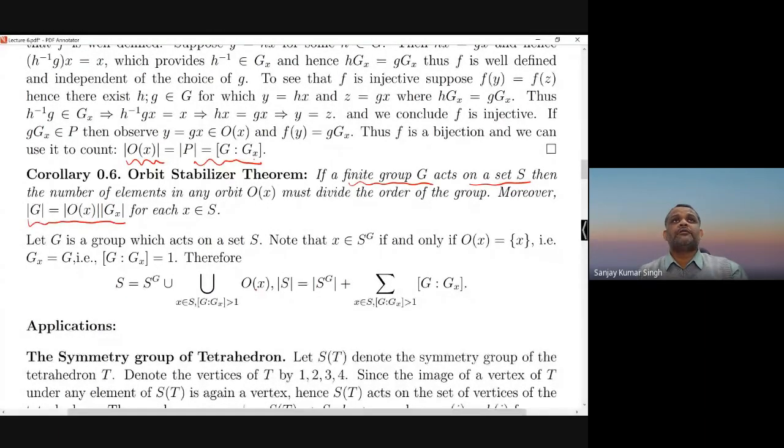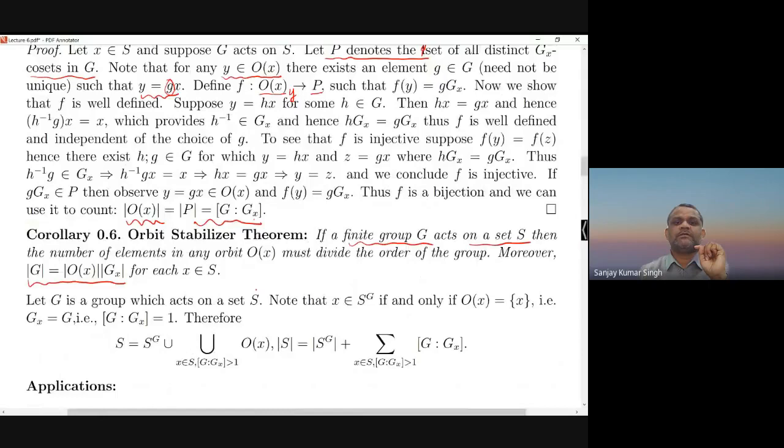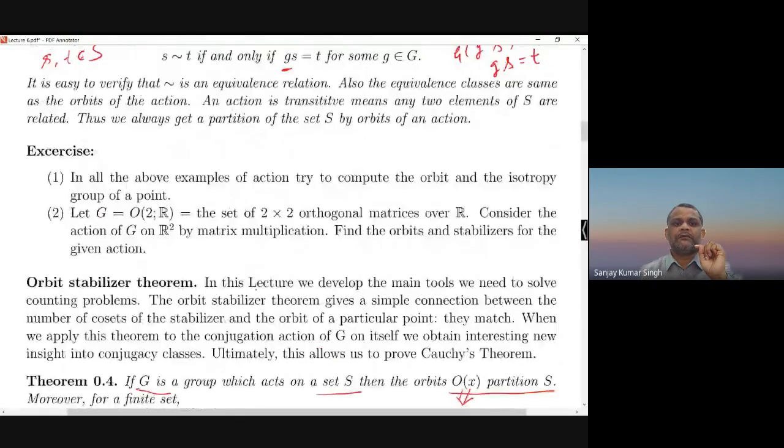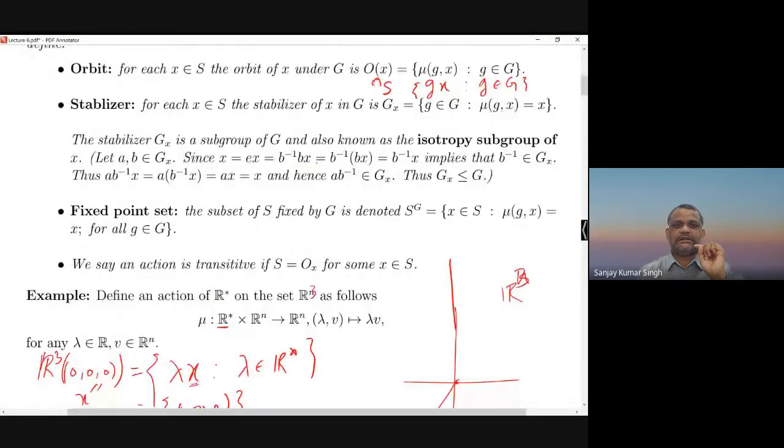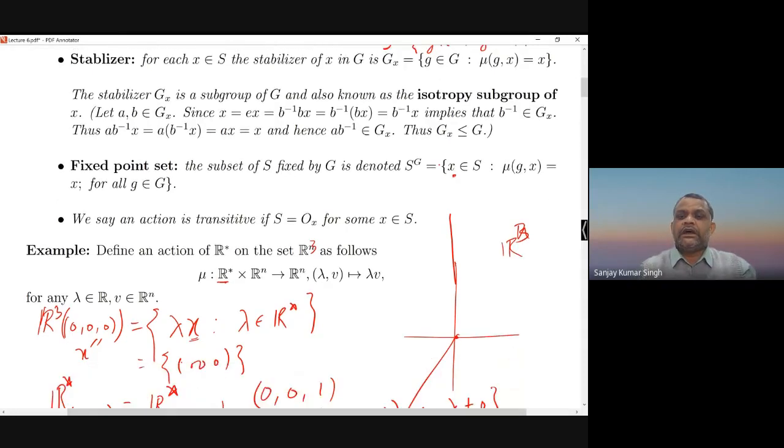But there are some orbits which have only one element. These orbits are completely determined by the fixed point set S^G. I made a remark that if you have any element here, then the orbit of this element is always a singleton.